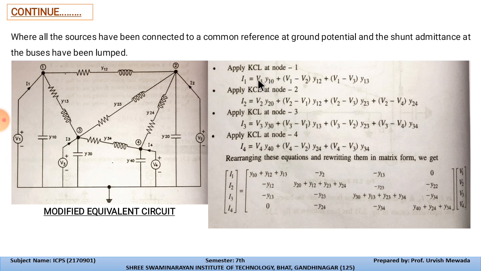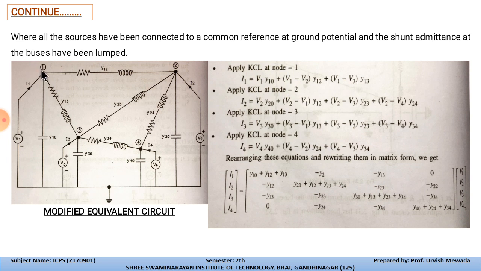So I is equal to, for this particular line, V1 into y10. This is the admittance of this particular node 1 to 0, and between 1 and 2 we have the admittance y12, and the voltage between 1 and 2 will be V1 minus V2, and there is a link between 1 and 3, so it is V1 minus V3.